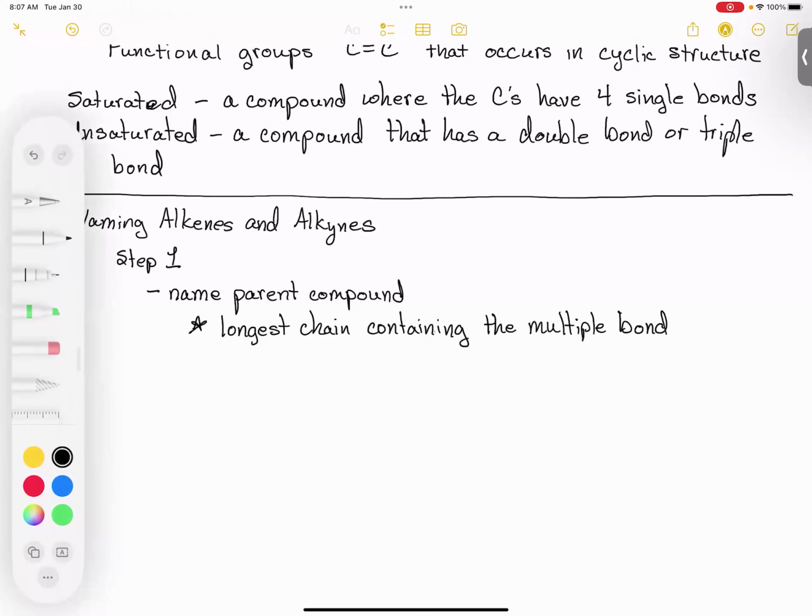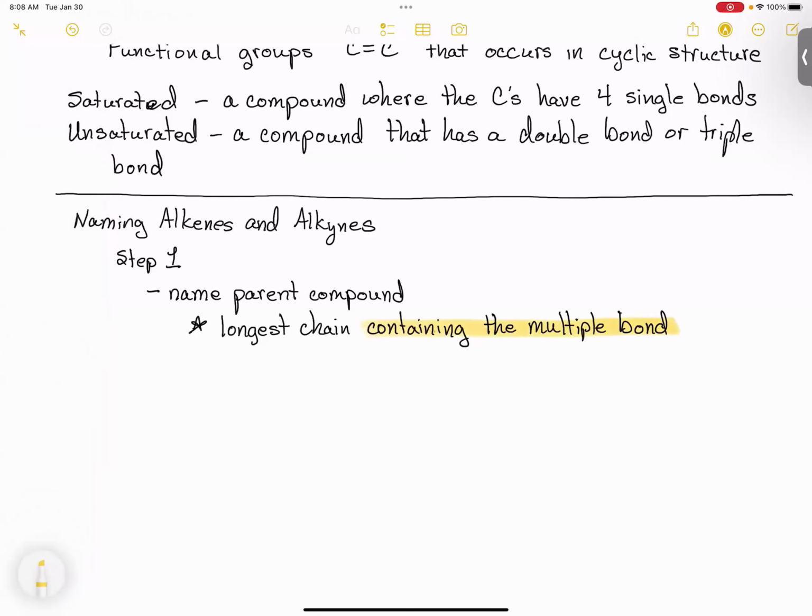So if you go back to what was step 1 to begin with, in our previous discussion for naming alkanes, it was to find the longest chain. The only difference now from what you already were doing is that it contains the multiple bond.